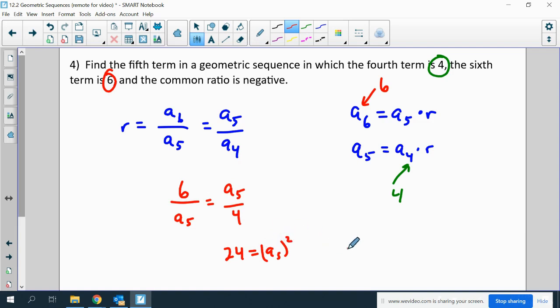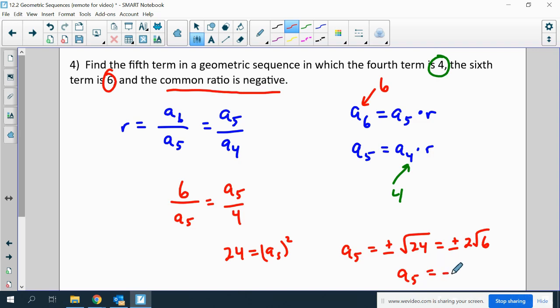Then I take the square root of both sides. So a sub 5 is equal to plus or minus the square root of 24, which is equal to plus or minus 2 square root of 6. Since it tells me that the common ratio is negative, I would have to take the negative term. So a sub 5 is equal to negative 2 root 6.